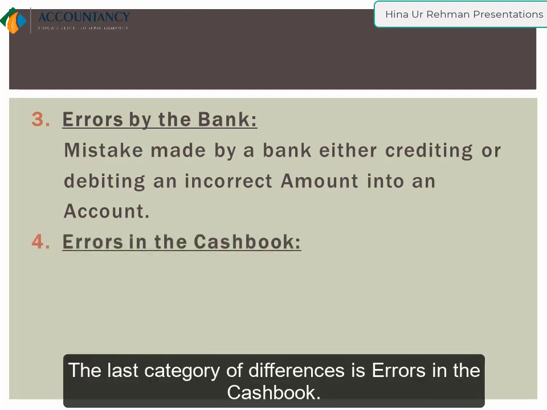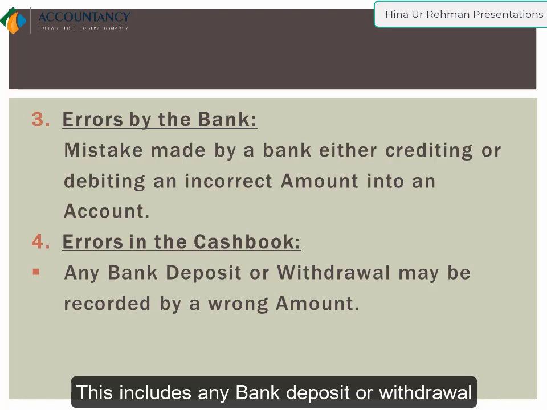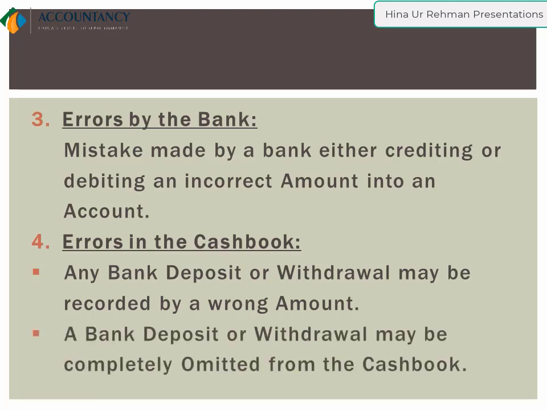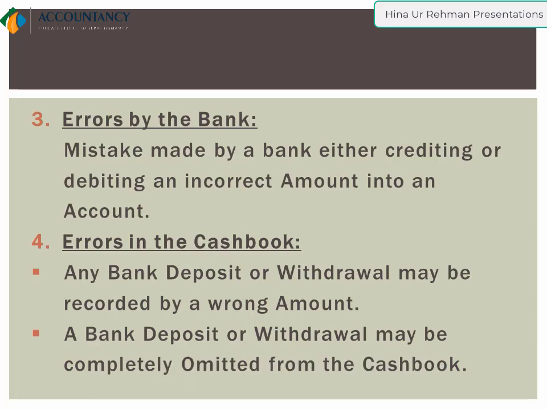The last category of differences is errors in the cash book. This includes any bank deposit or withdrawal that may be recorded by a wrong amount. A bank deposit or withdrawal may be completely omitted from the cash book.